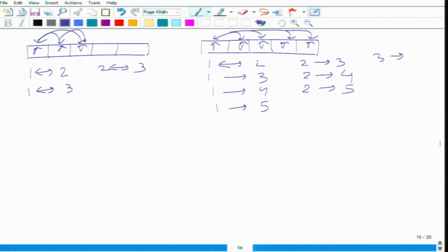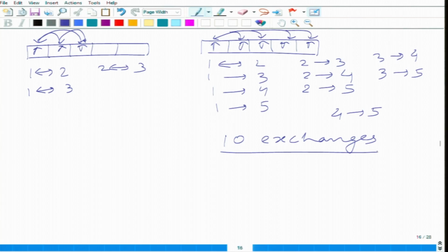The third electron can exchange with 4 and 5, and 4 and 5 can also exchange between themselves. So, a total of 10 exchanges.